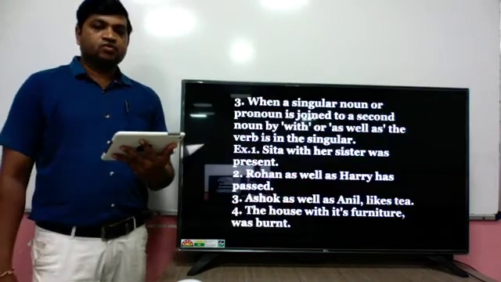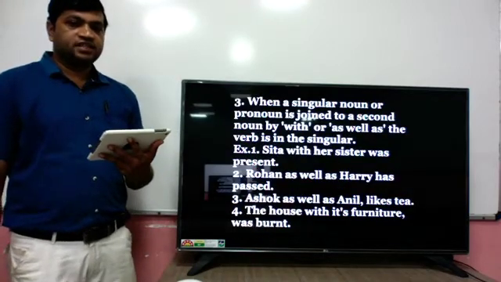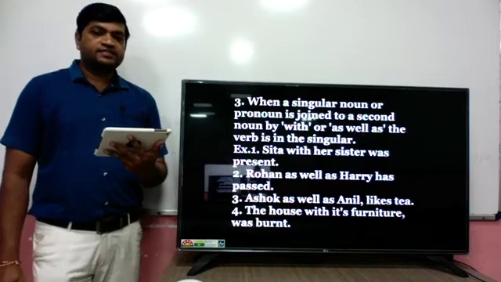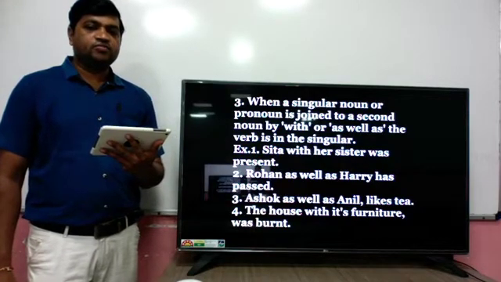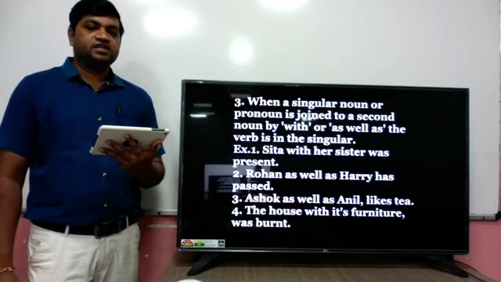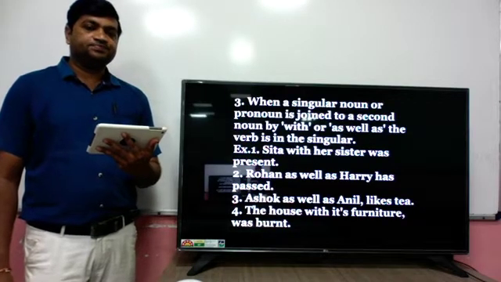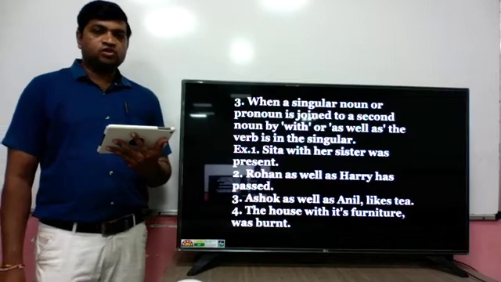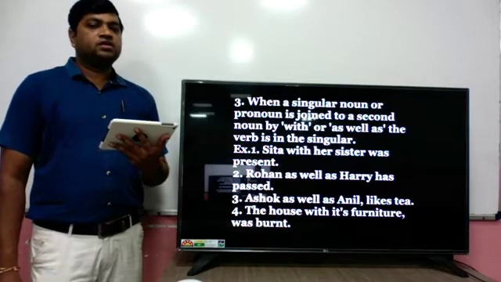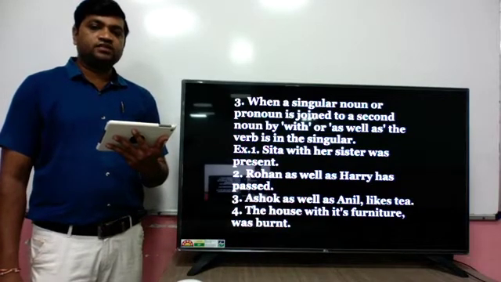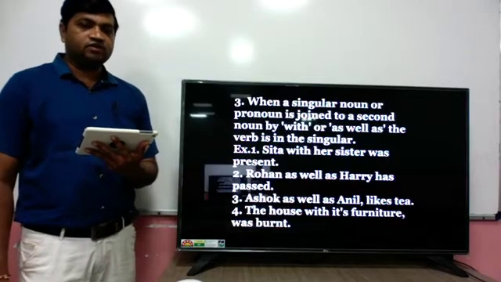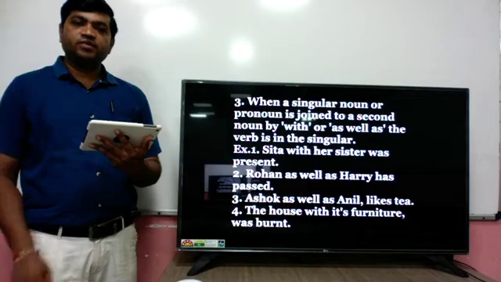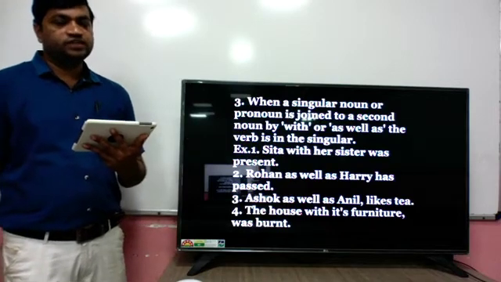Okay. Now next rule: when a singular noun or pronoun is joined to a second noun by "with" or "as well as", the verb is in the singular. When two nouns are joined with "as well as" or "with", we consider that pair of nouns as a singular, and a singular verb will be used with it.